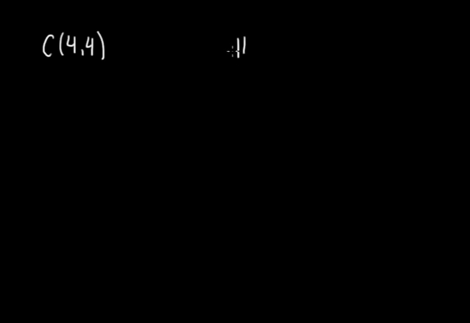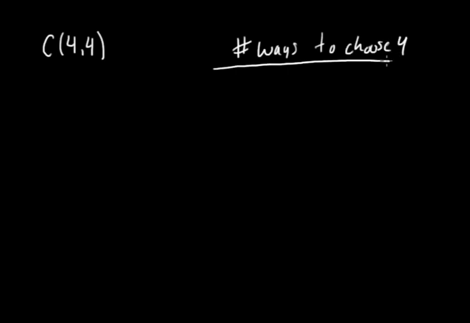As always, when you're setting up a probability problem, you need the number of ways to choose the 4 youngest, and then the number of ways to just choose 4 kids.